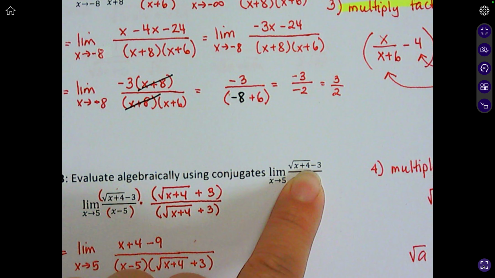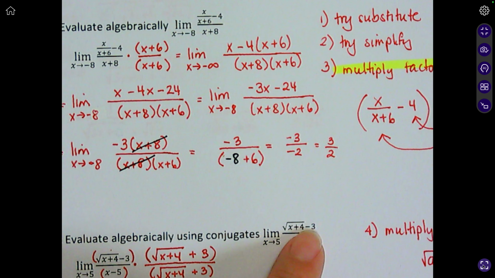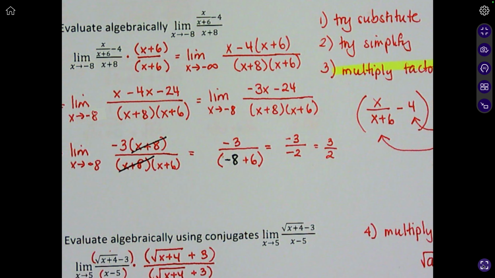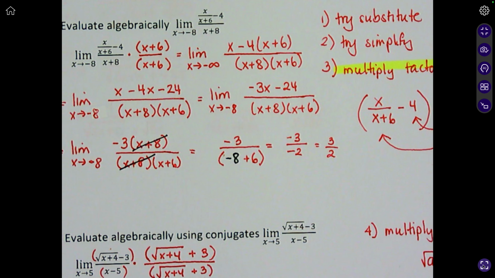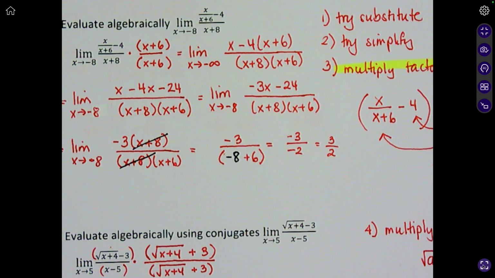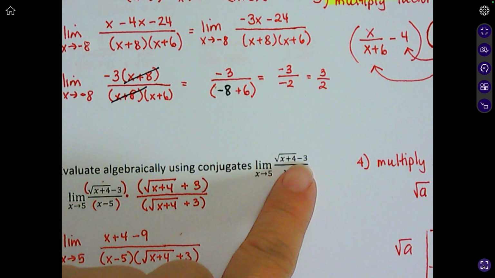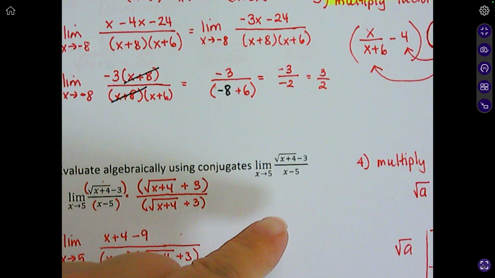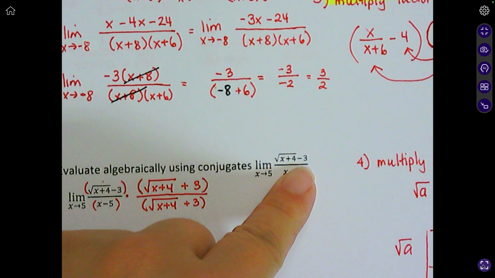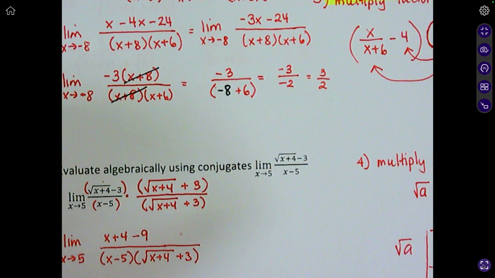So when the numerator is 0 and the denominator is 0, we have a name for that situation. We call that indeterminate form.